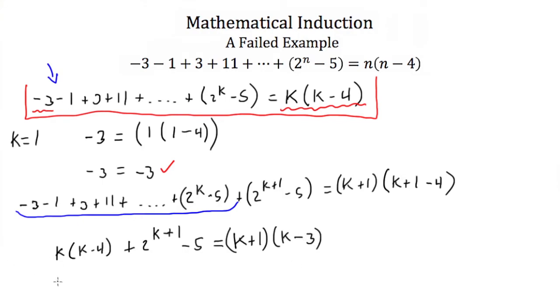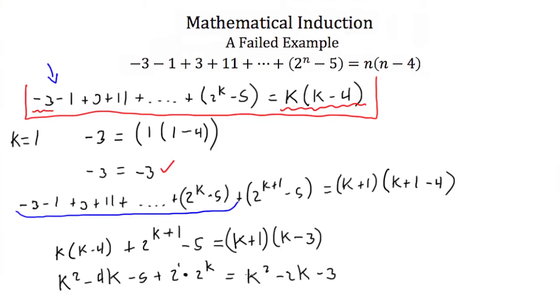Now if we simplify this, this is k squared minus 4k minus 5 plus 2 times 2 to the k. I split up this exponent as 2 to the first power times 2 to the k. And this is equal to k squared minus 2k minus 3.